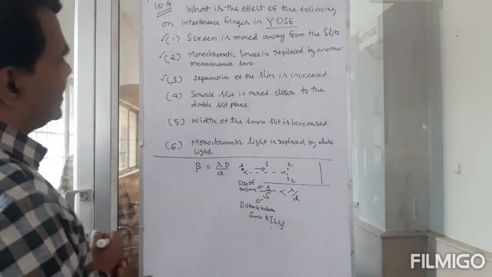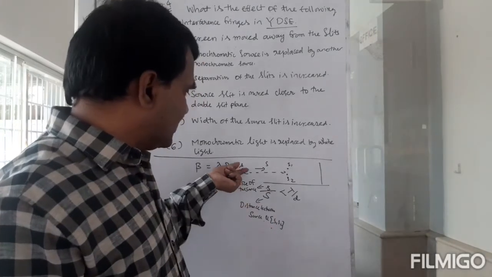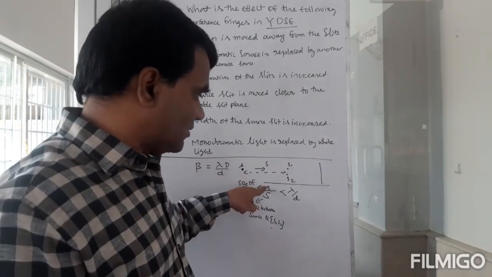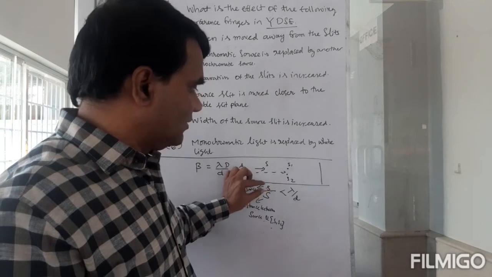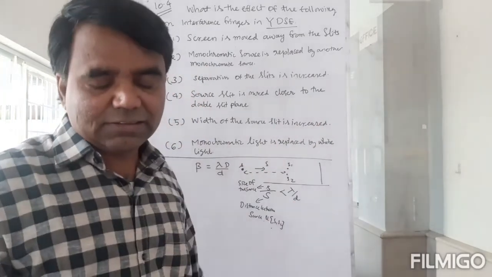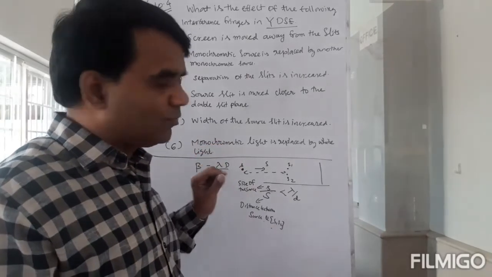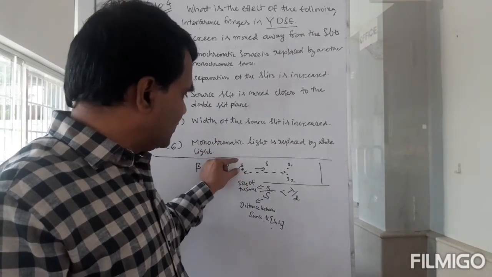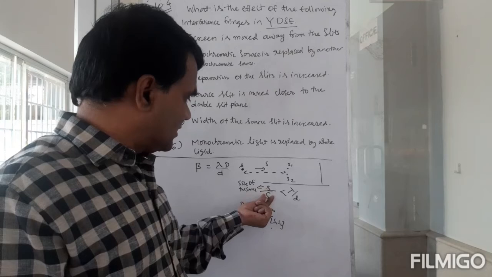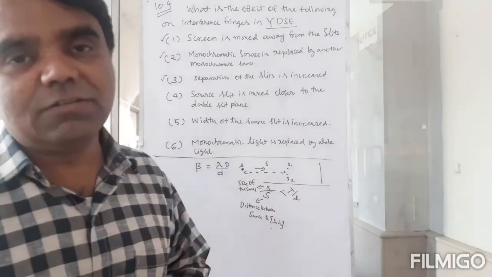And then the fifth one is width of the source slit is increased. Again, the source slit. If the width is increased, you are actually increasing this small s. So it's quite possible for you to lose the interference pattern if the width is too big. So big that s by S is no longer less than lambda by d, then the interference pattern will vanish.